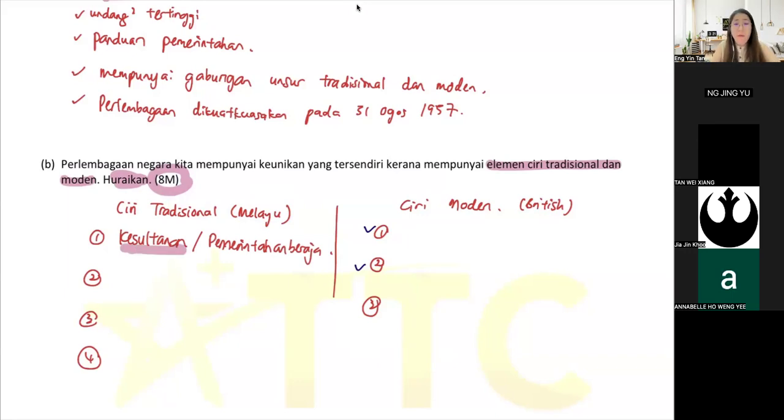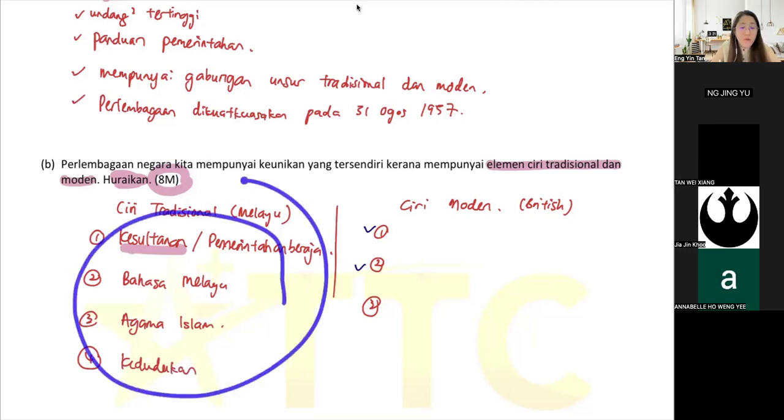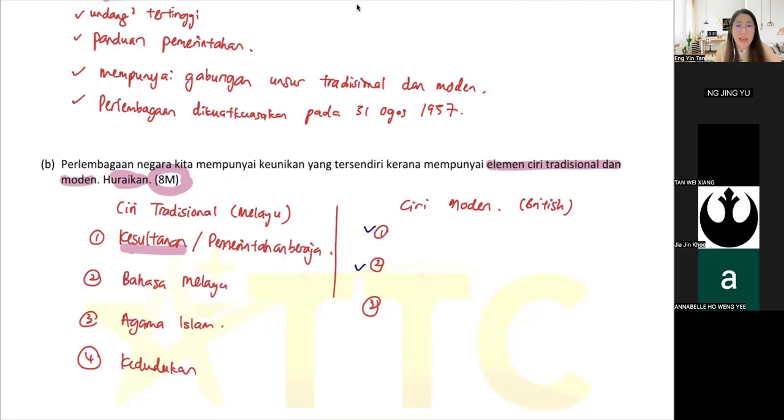Next one, we talk about what? Bahasa Melayu. It's okay lah. The sequence is not important one. As long as you give me the points. Agama Islam. Correct. And the next one? Yes, kedudukan orang Melayu. Now guys, I got student, they ask me, teacher, can I just write all the 3 traditional, and then 4 points already ma, I can get full marks out.